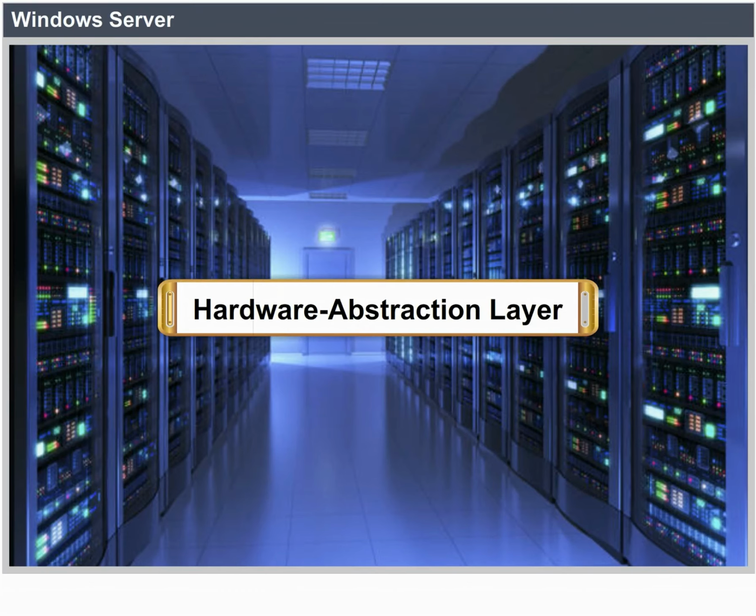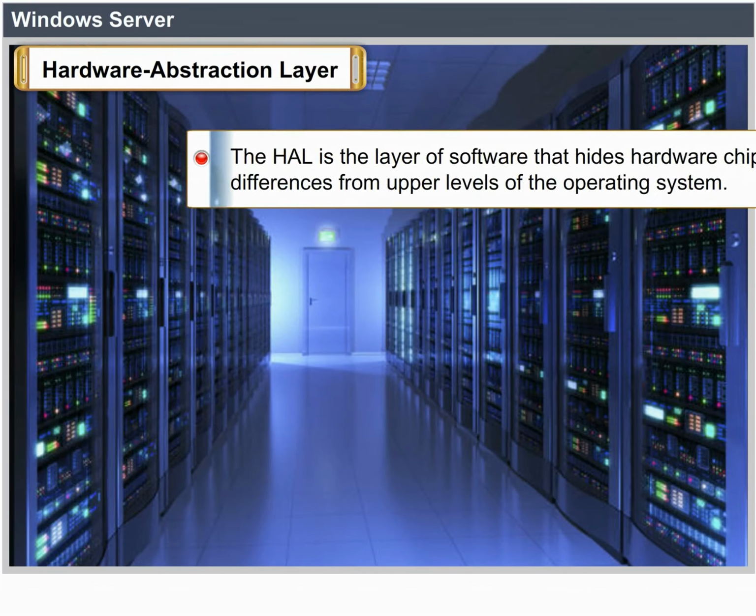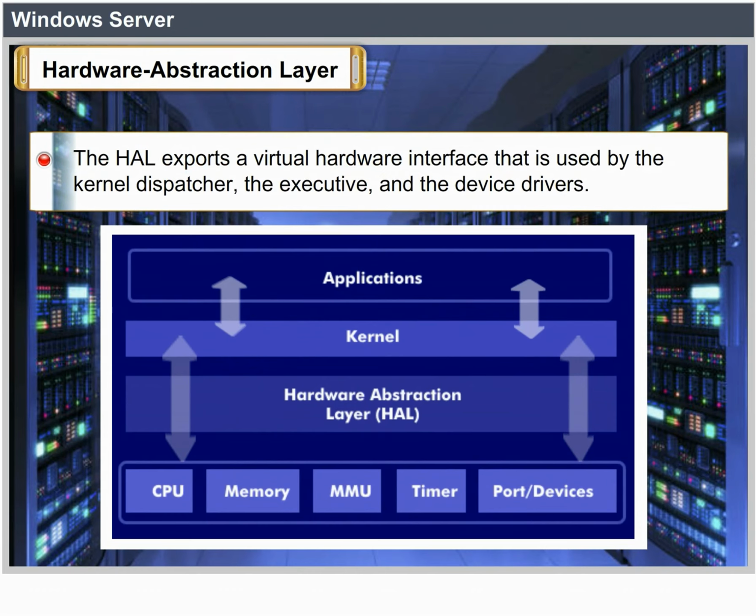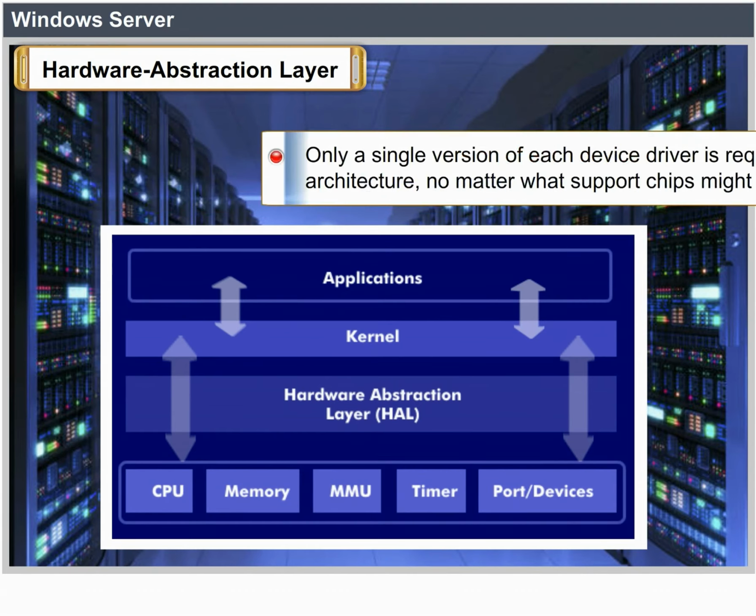Hardware abstraction layer. The HAL is the layer of software that hides hardware chipset differences from upper levels of the operating system. The HAL exports a virtual hardware interface that is used by the kernel dispatcher, the executive, and the device drivers.